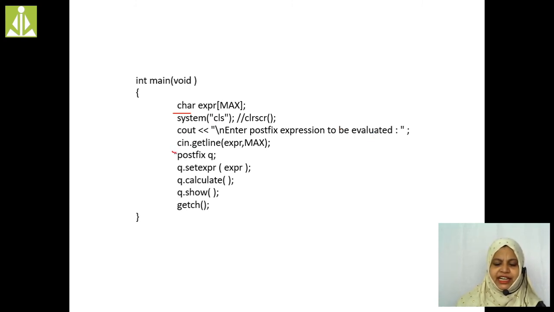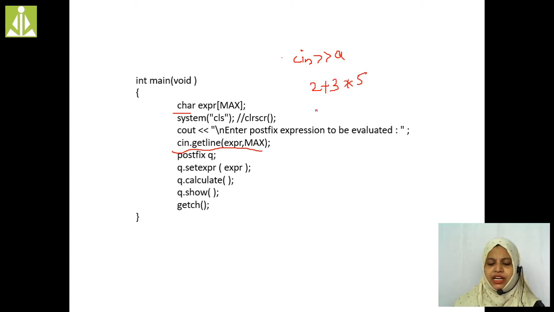Then cin get line. Here I am not going to use cin directly, cin a, cin b. Generally we use cin a, cin b in this format. Here if you are going to use any string, we have to use the complete line. Here we are entering the complete line: 2 3 star 5 minus, this is the expression.